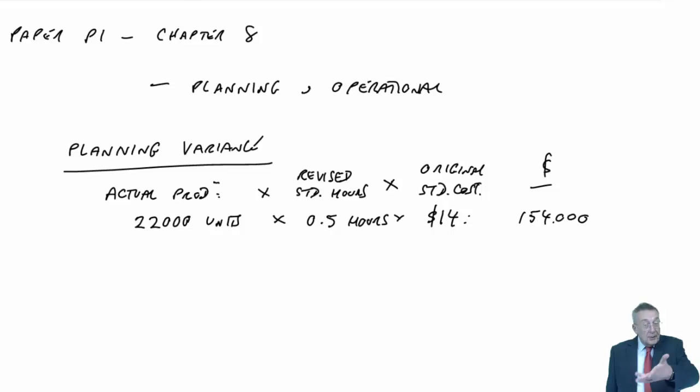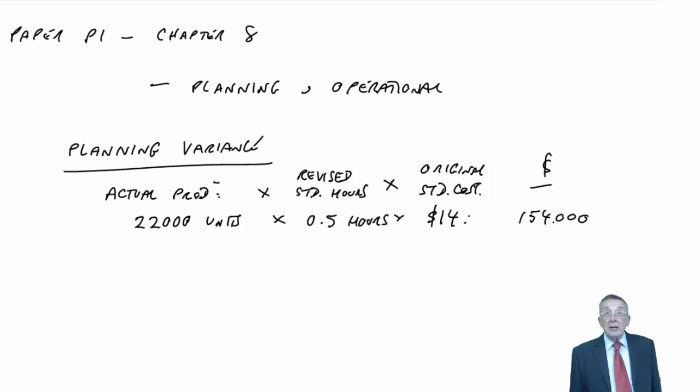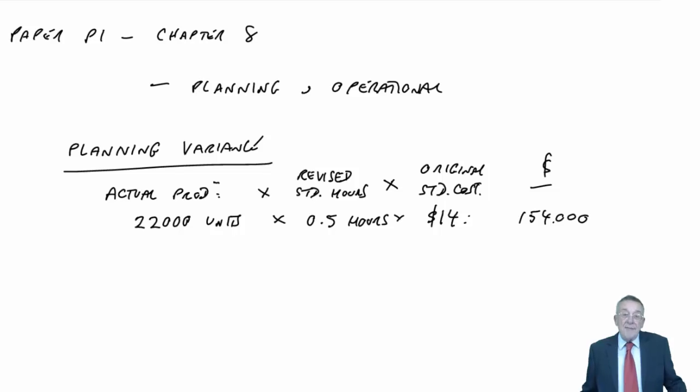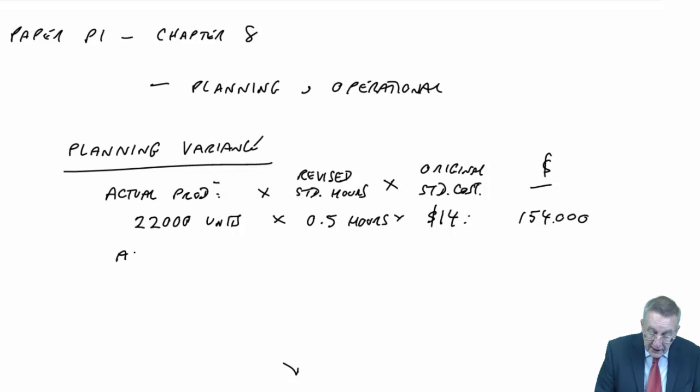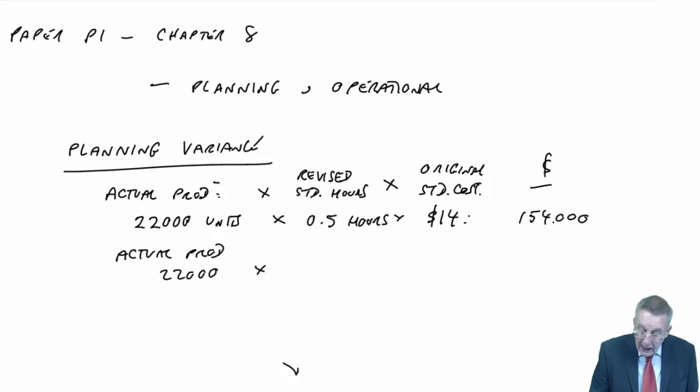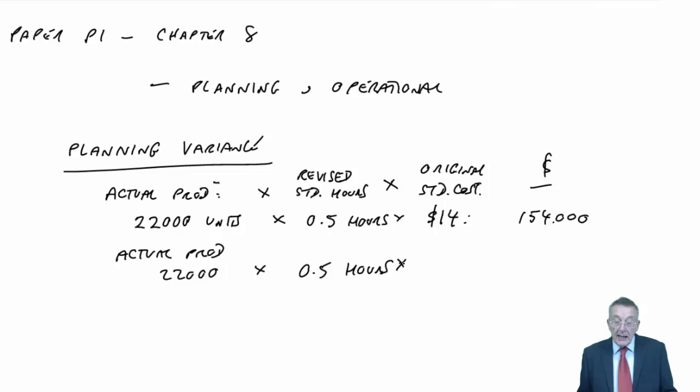However, although we originally budgeted on paying 14 an hour, yet again, and I keep saying it, the prevailing rate's now up to 17.50. So we revise our budgeted figures. Again, we take the actual production of 22,000. Standard hours hadn't changed from the original budget, so 0.5, so we're still expecting to take 11,000 hours.